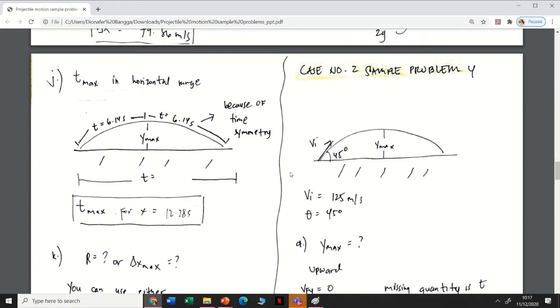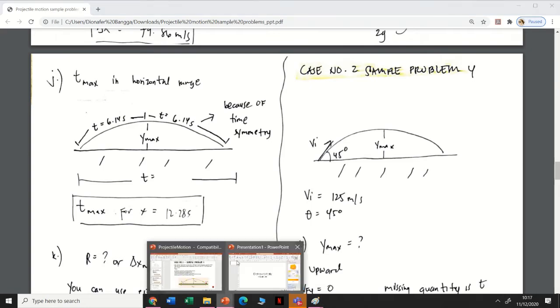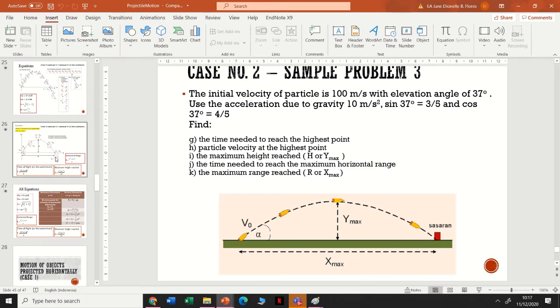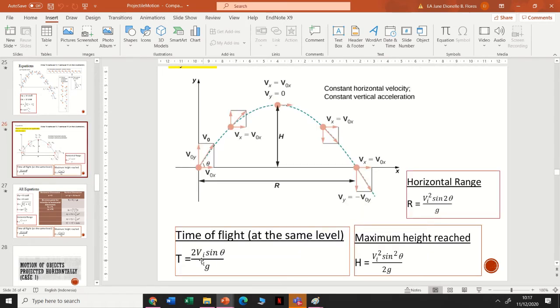The first one is through the special equation, wherein you can simply input the value of the projectile's initial velocity, which is 100 meters per second, and then the sine of theta, which is 37, divided by g, the negative 9.8. So you can already solve for the total time of flight using this equation. That's your first option.